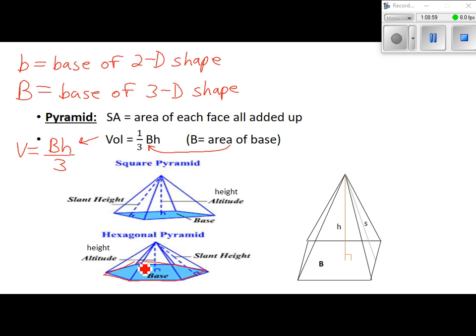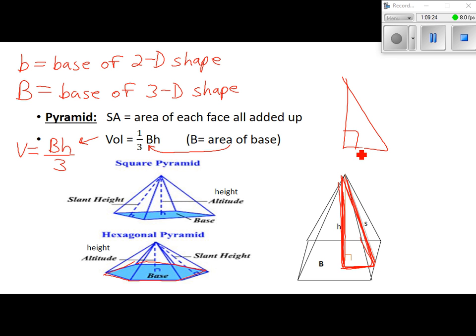And again, sometimes they'll give you the slant height, sometimes they'll give you the height. If I do this, what kind of triangle did I just draw there? A right triangle. And that's what we're going to learn next, and some of you already know this, so it's not real difficult.